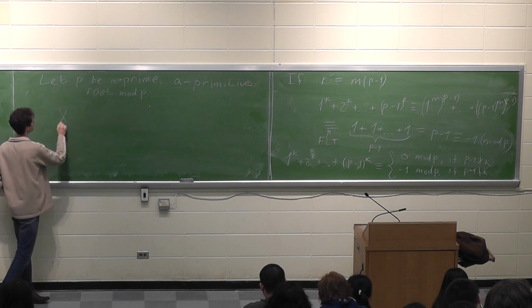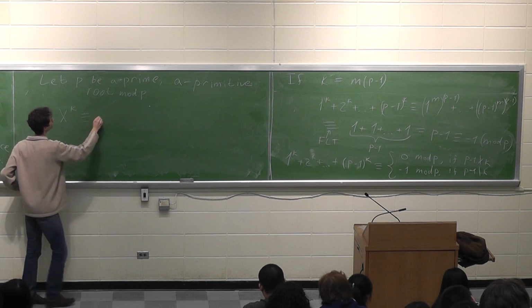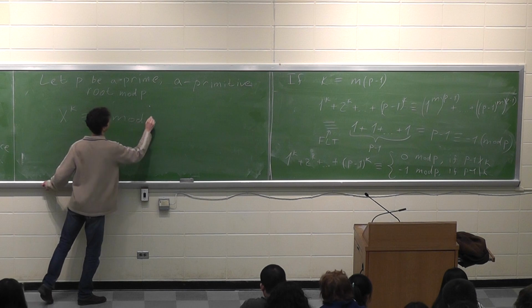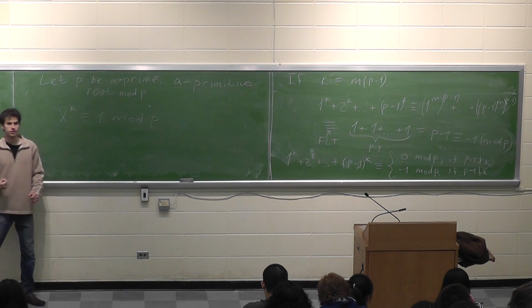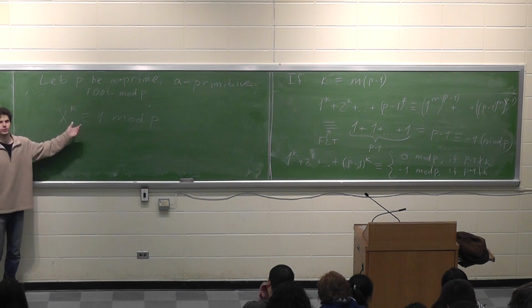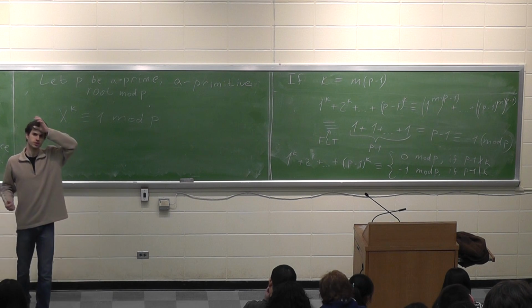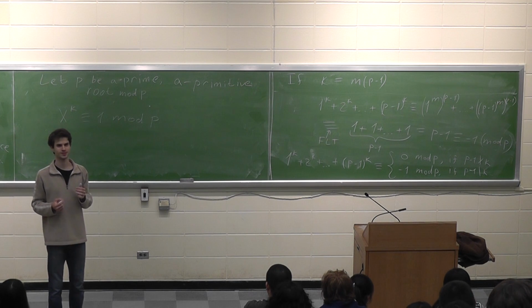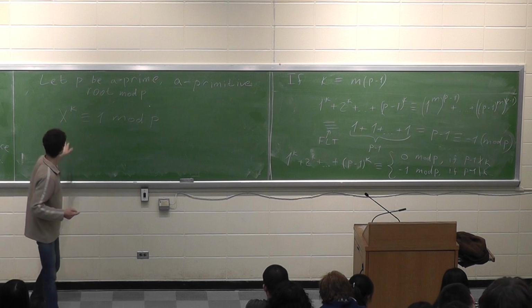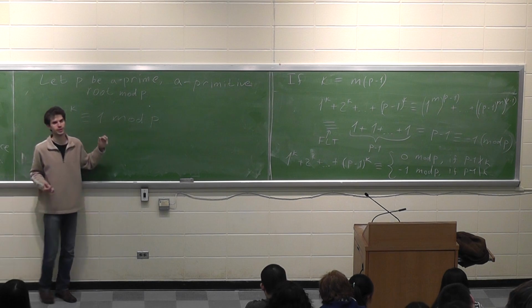Let me try to solve the equation x to the power k is congruent to 1 modulo p. I know it has at least one solution. Does anyone see a solution? One, yes. So 1 to the power k is equal to 1 modulo p.